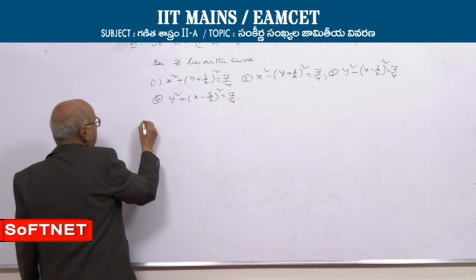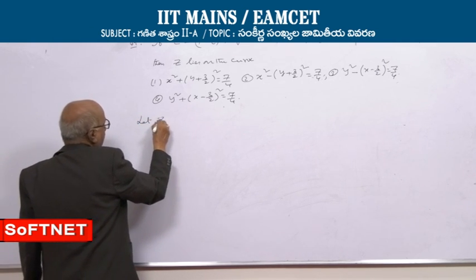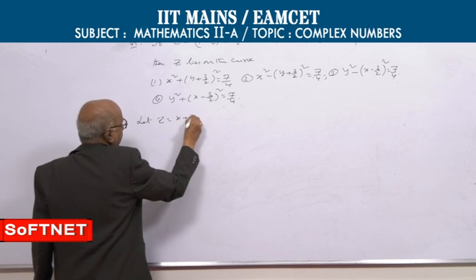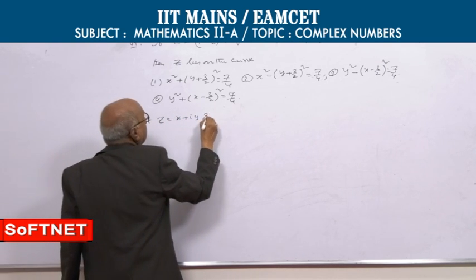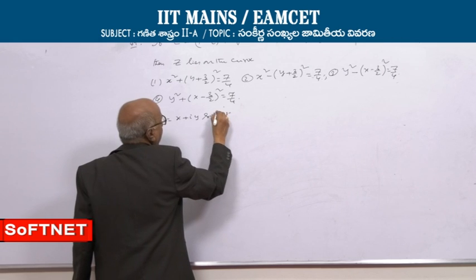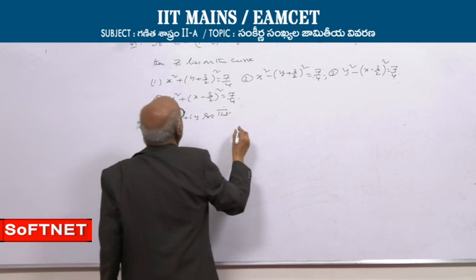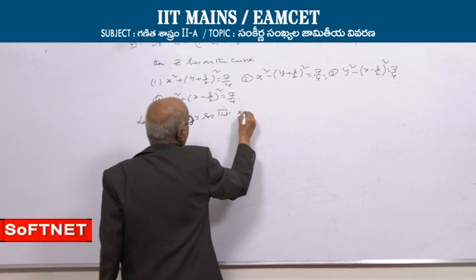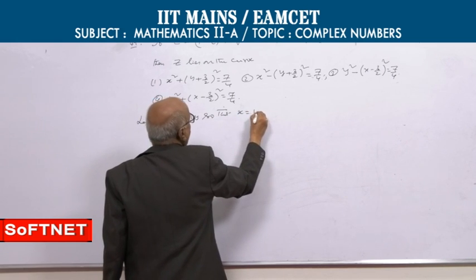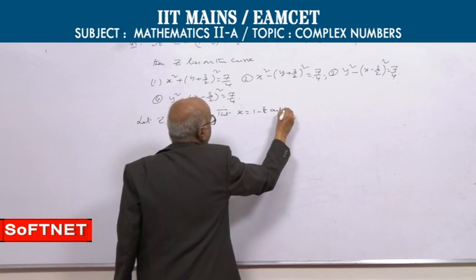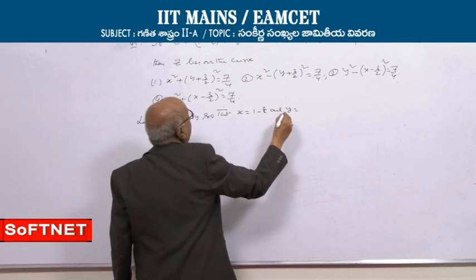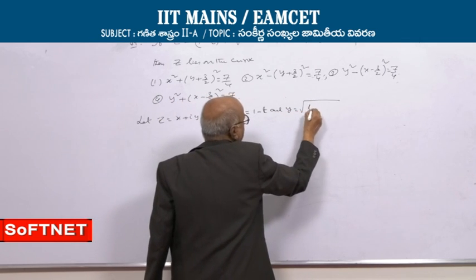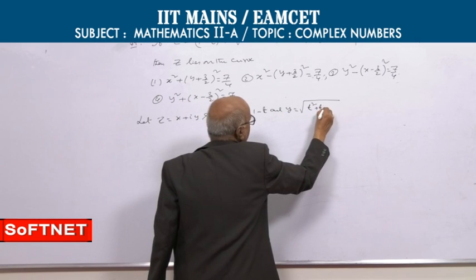So now the solution is, let z is equal to x plus iy, so that x is equal to 1 minus t and y is equal to square root of t square plus t plus 2.